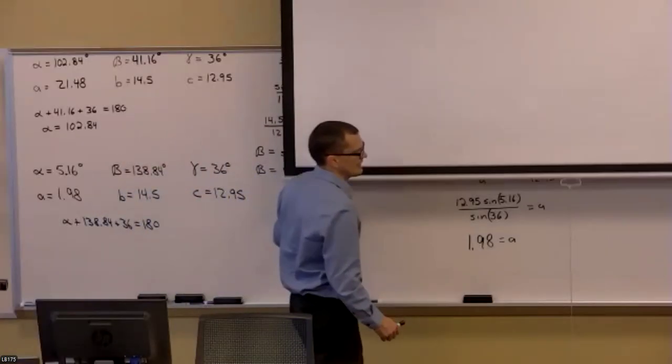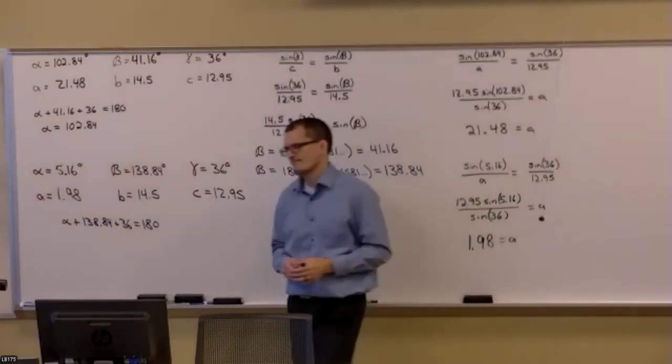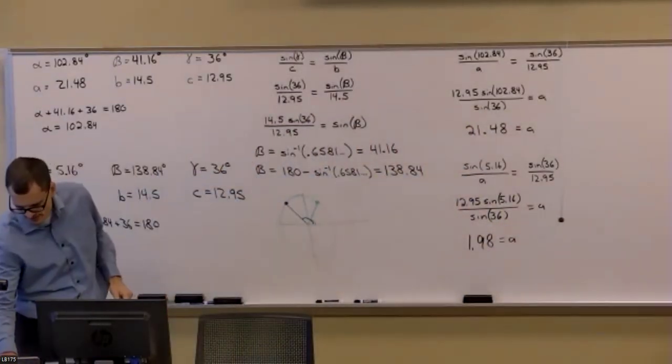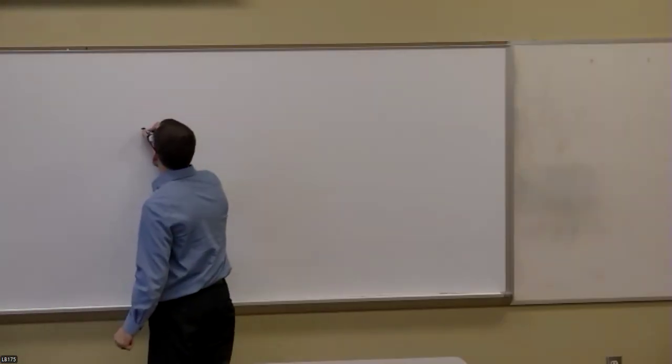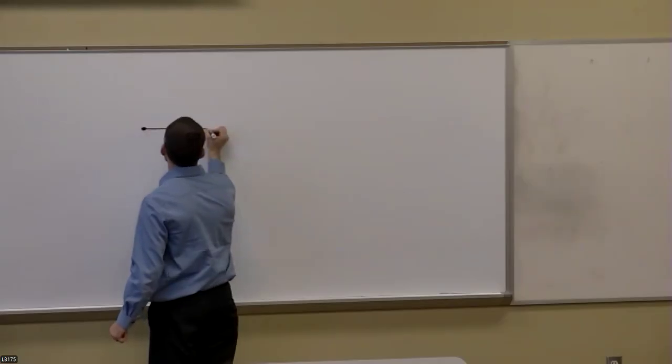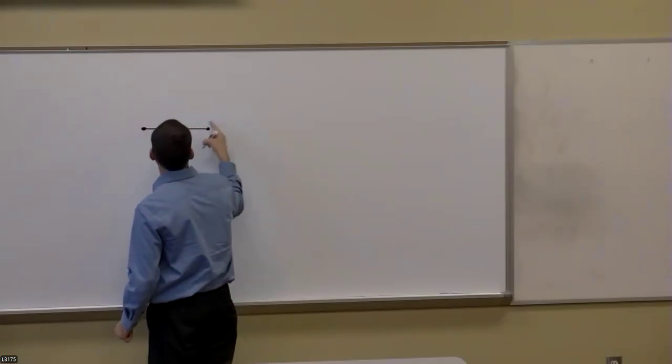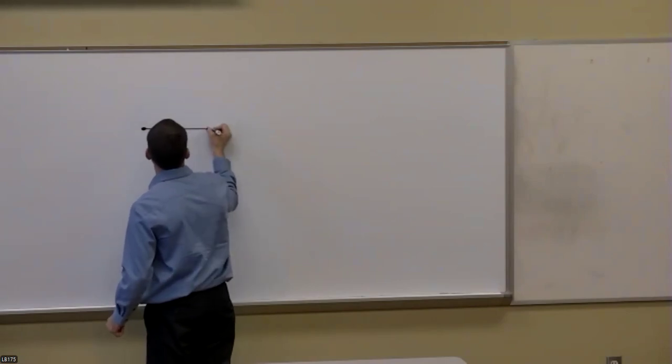And just as a little look at what's going on graphically, or what's going on with the figure, all right? What's happening is I have an angle. Let's draw the angle over here.